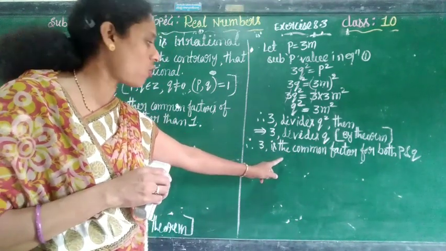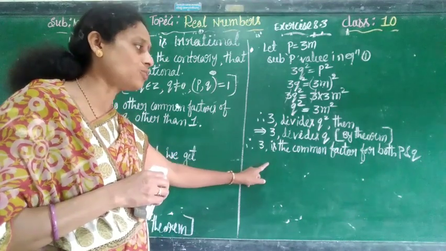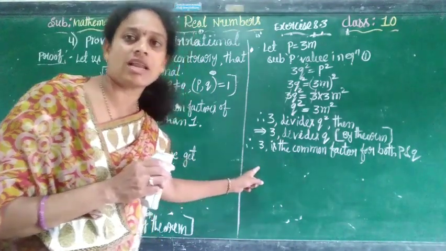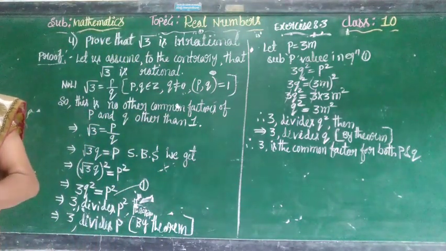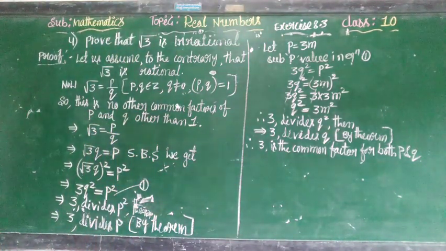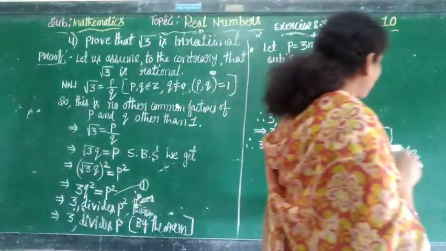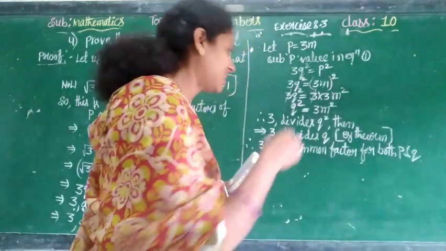Therefore, this is not possible. Our assumption is wrong. Therefore, root 3 is an irrational number.